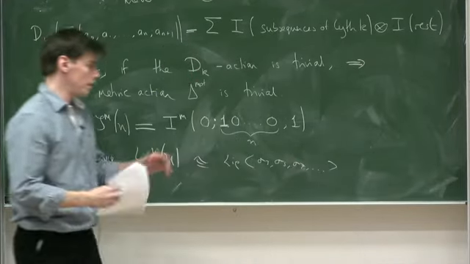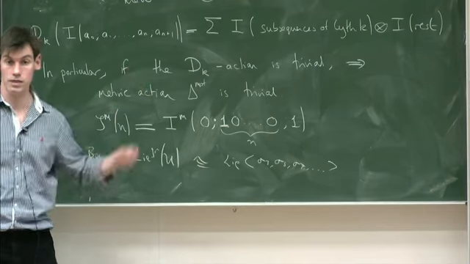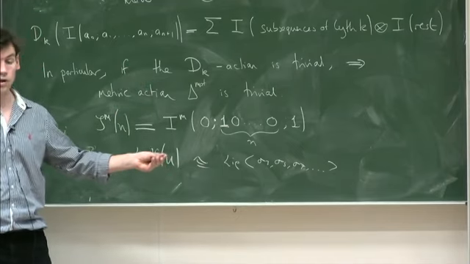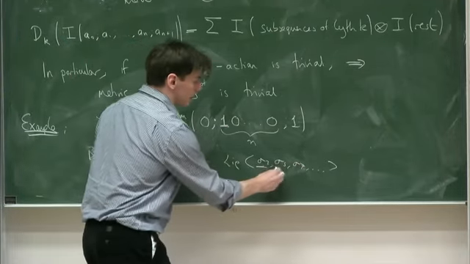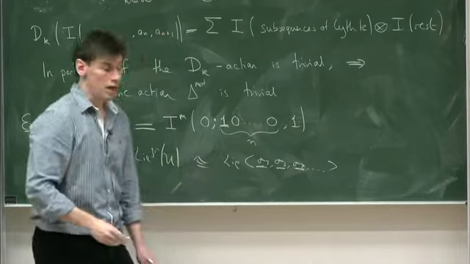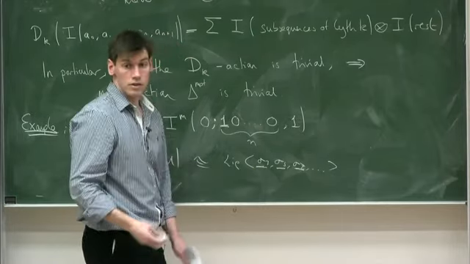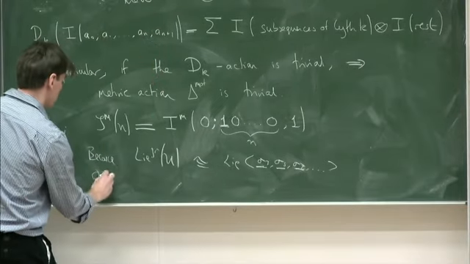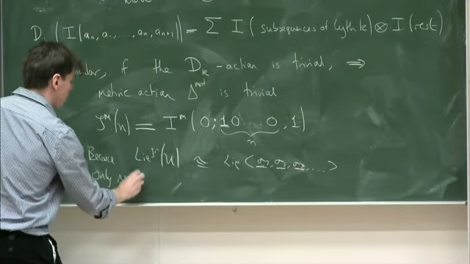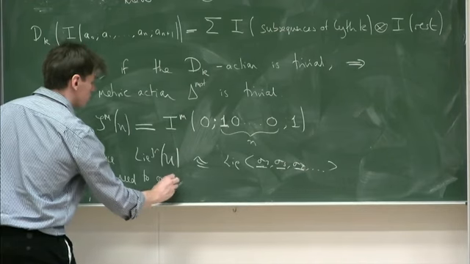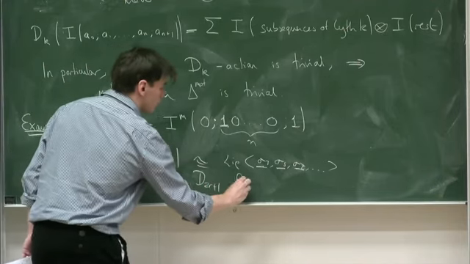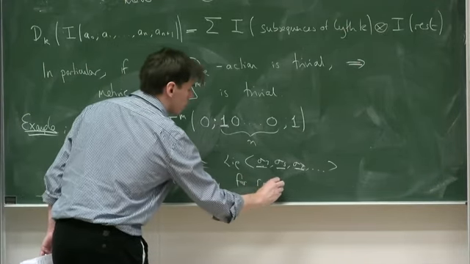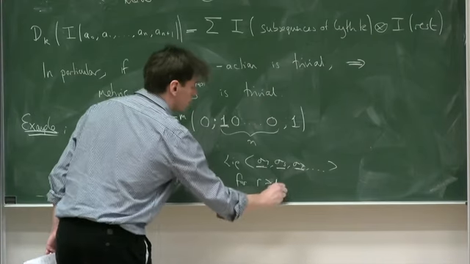To understand the action of the Motivic Lie algebra, the only thing that can happen is that I can compute the action of these guys, and these things have odd length only. So I only ever need to compute d2r plus 1, for r greater than or equal to 1.